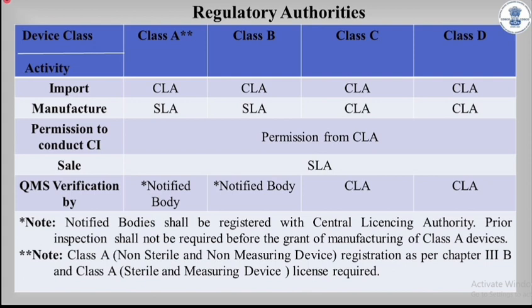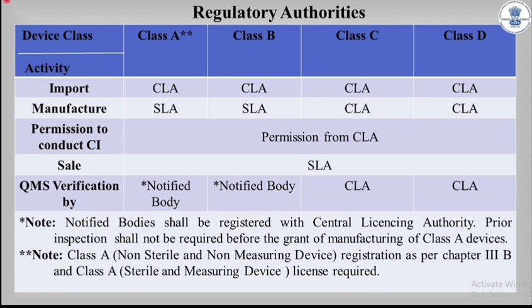Another important activity in terms of regulation of medical devices is the QMS, Quality Management System verification. Quality management system verifications are a key point at the time of manufacturing license or import license. These verifications are done by the recognized notified bodies for Class A and Class B devices, and for Class C and Class D devices, by the Central Licensing Authority.